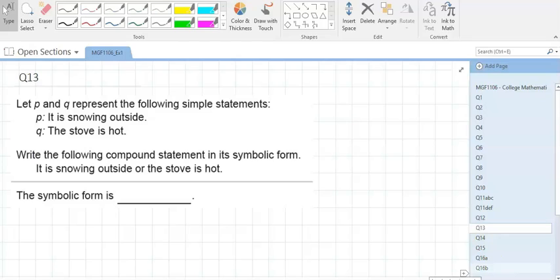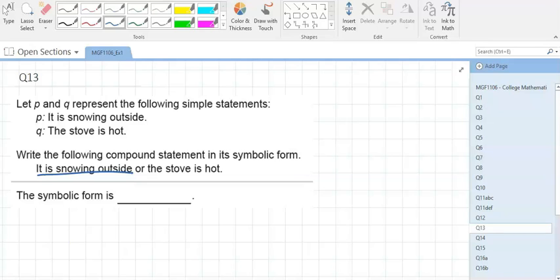All right, question 13. So here, this is where you are going to do the symbolic form. Change these to symbols. This is what you did a little bit in 3.1, and you also did this in 3.2. So P up here is telling you it is snowing outside. Q is all about the stove is hot. So it says it is snowing outside.